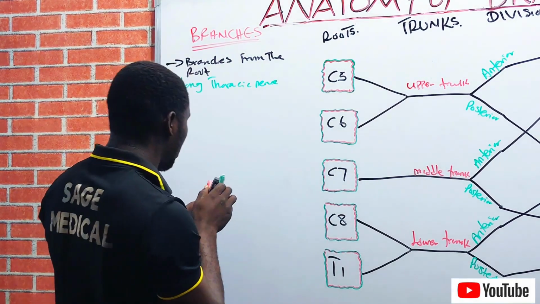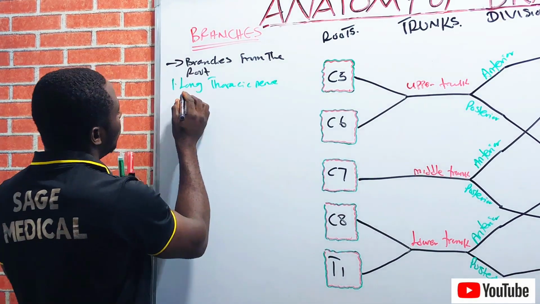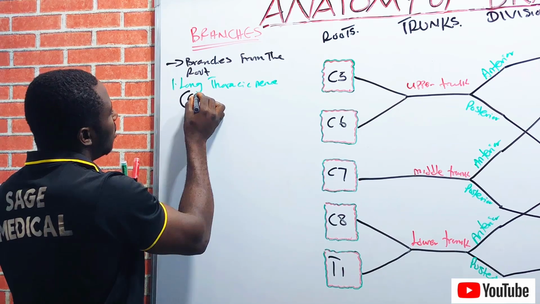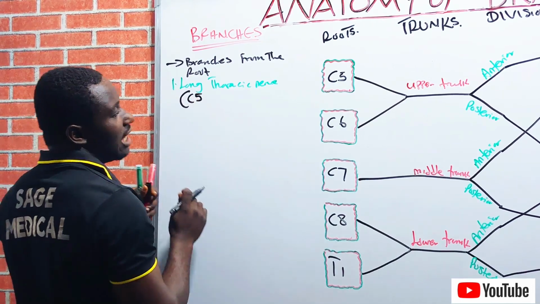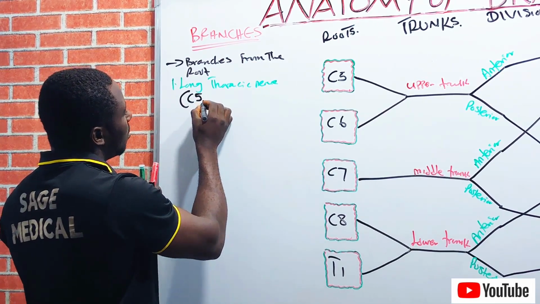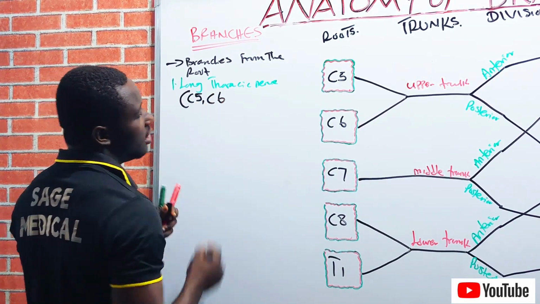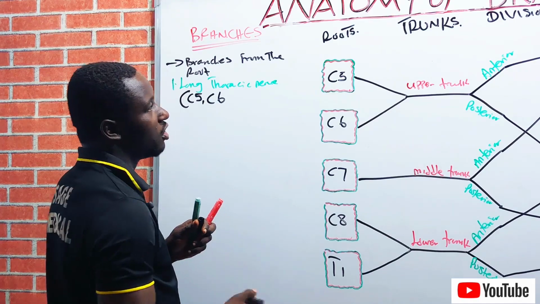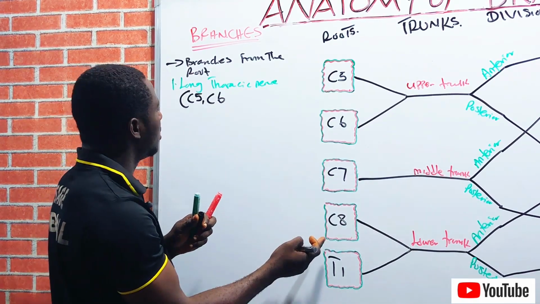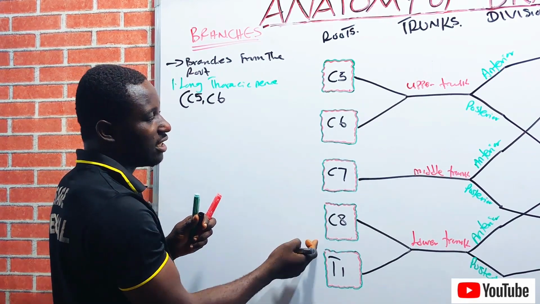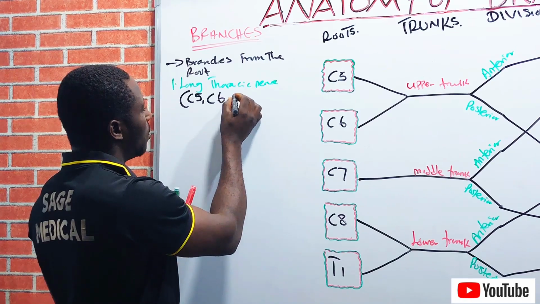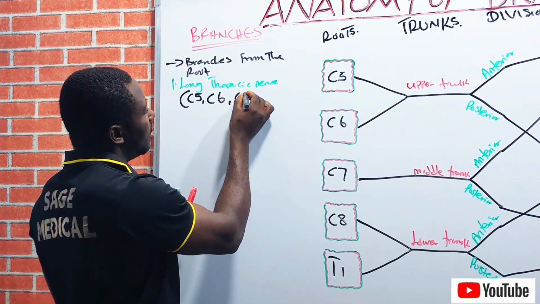It has a root value of C5, C6, because it is a branch from the root. You get? It has a root value of C5, C6, and C7.